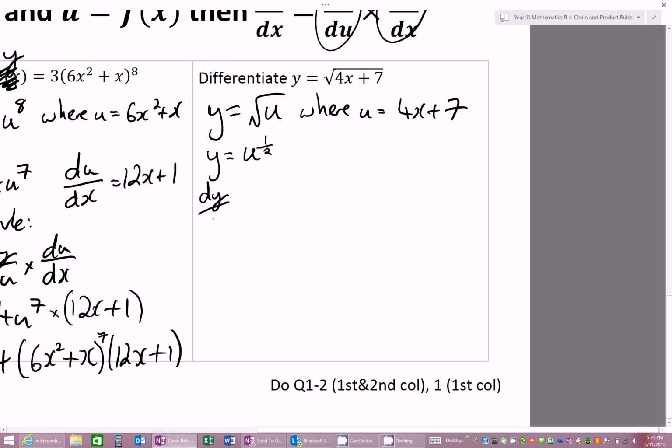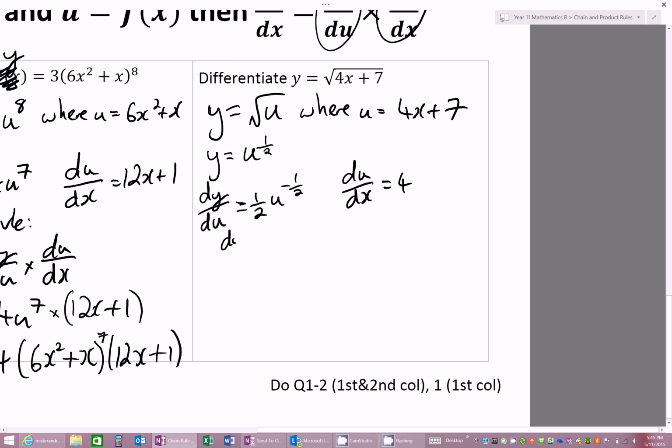Now I can find what dy du is. It'll be a half, and then u to the power of a half minus 1, so power of minus a half. And du dx, I'll differentiate this, it's 4, differentiate this, it's nothing.